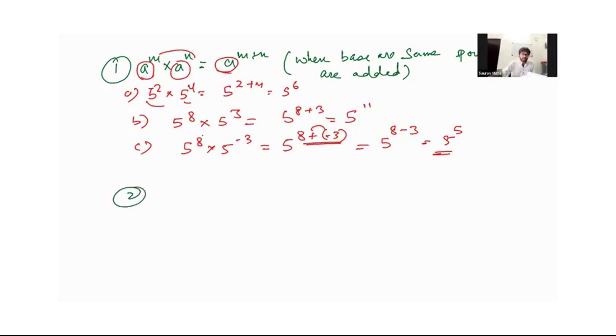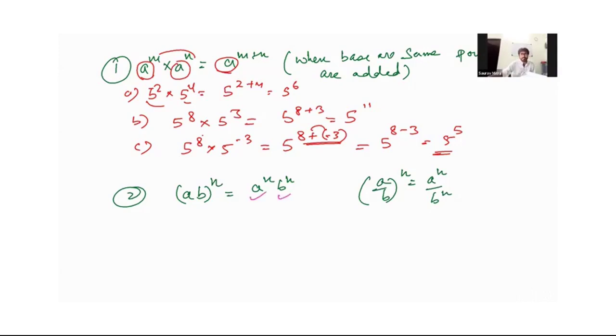Now, the next law: when you have ab to the power n, you can split it. You can give the power to a also, and power to b also. Similarly, if you have a by b in fraction form, you can do it like this. So ab whole to the power n means a to the power n, b to the power n.